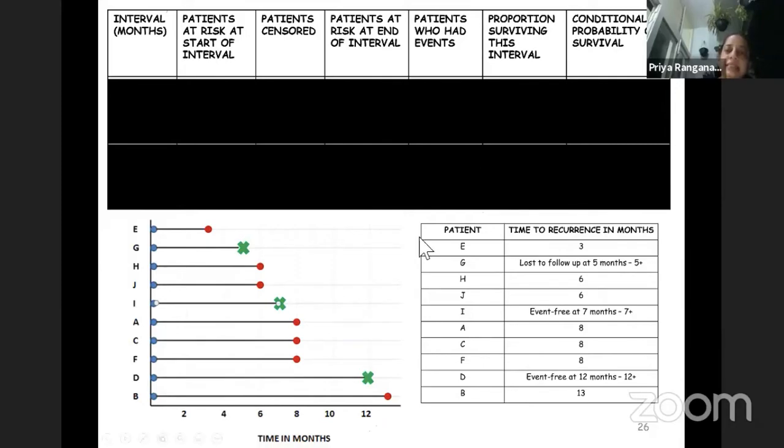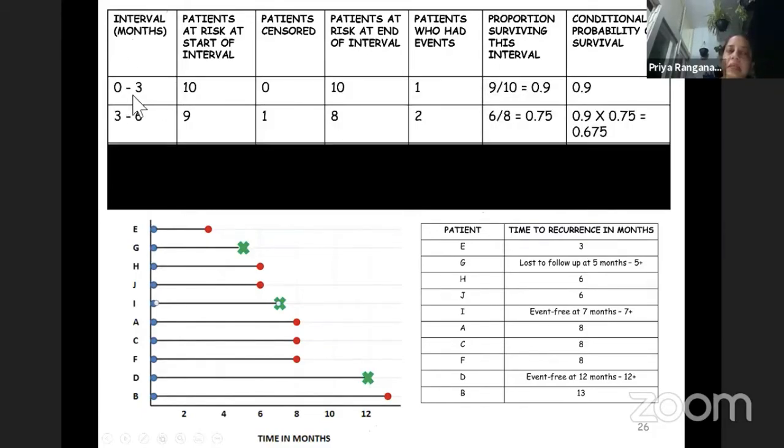For example, in this study, the patient with the shortest interval is at 3 months. So after surgery, if 10 patients undergo surgery, one of them has a recurrence within 3 months. And so the first interval is taken as 0 to 3 months. What happens in this 0 to 3 months? You can see it here if you want. There are 10 patients who have had surgery, and at 3 months, one of them dies, right?